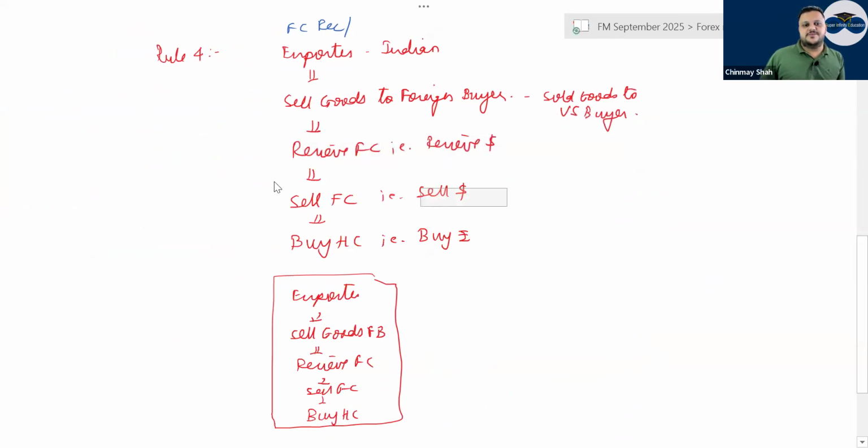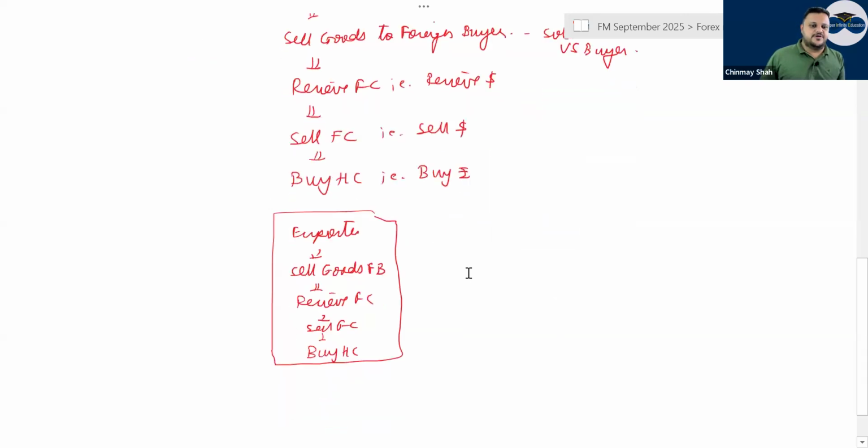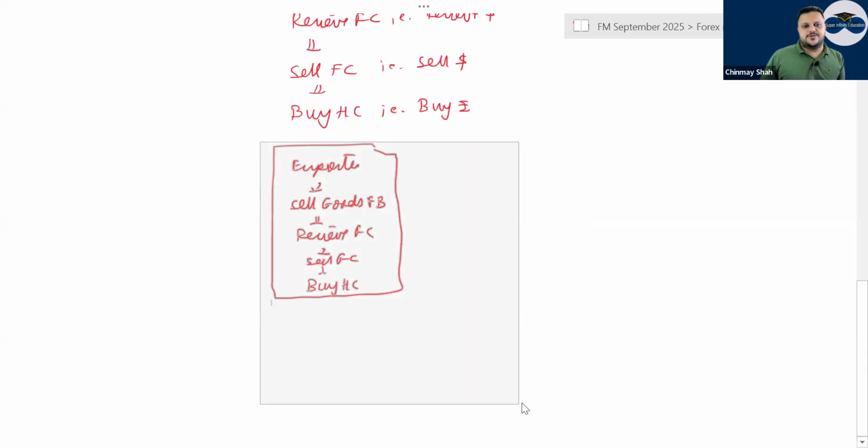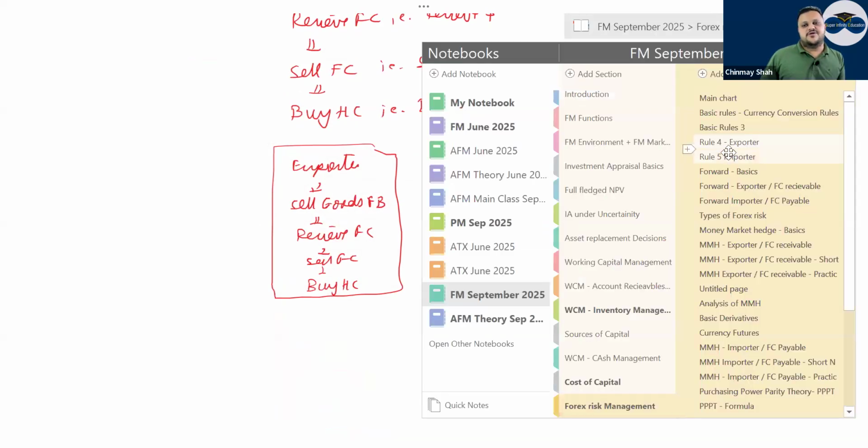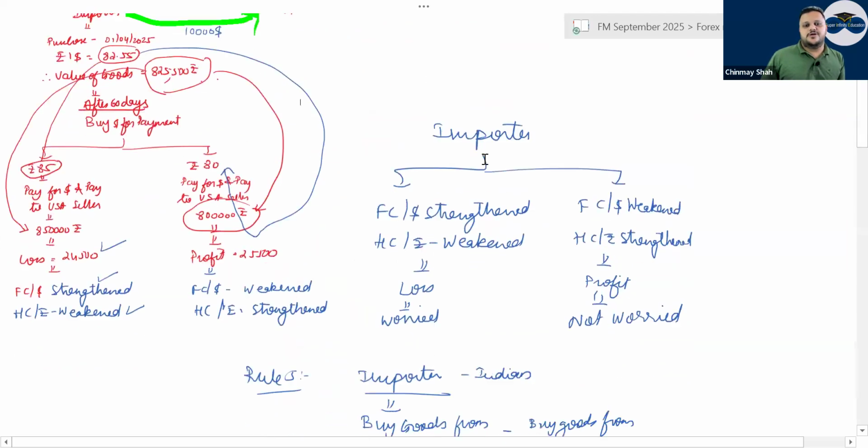That only means he will sell the foreign currency, which means he buys home currency. These two things are one and the same thing, two ends of the transaction. Correct? Exporter wants to sell foreign currency, or you could say he wants to buy the home currency. Exporter sells goods to a foreign buyer, receives foreign currency, sells foreign currency, because he cannot do anything with the foreign currency in his home country.